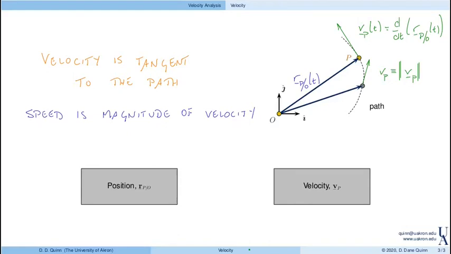So we've seen the relationship now between position and velocity. As a pictorial representation, if I want to go from position to velocity, I take a derivative, or differentiation, which will take us from position to velocity.